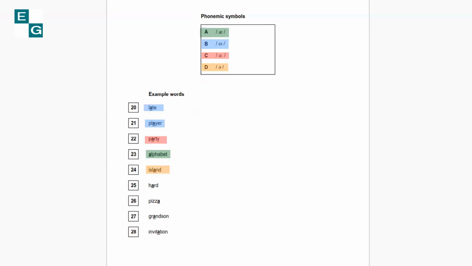Then we have the word hard, because there is an A and an R for hard.